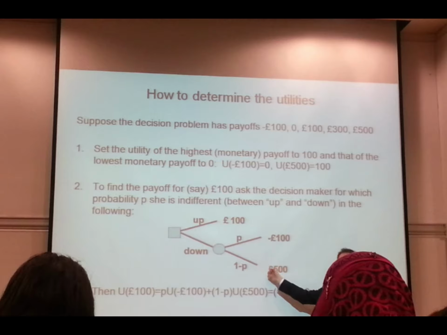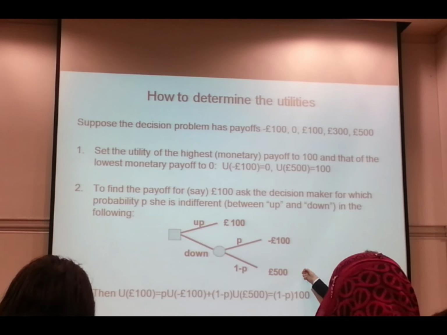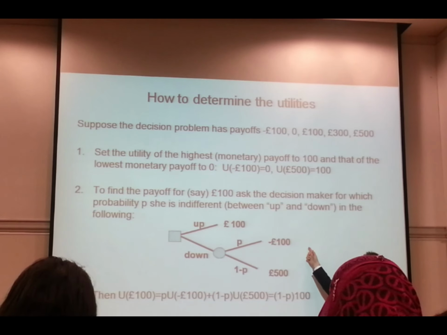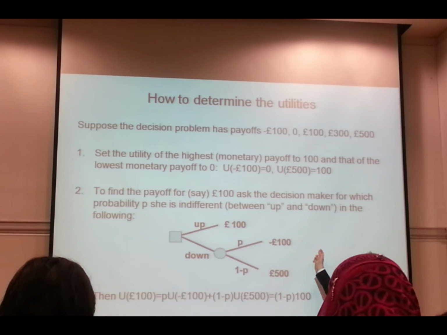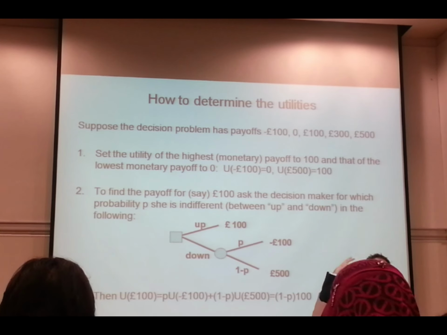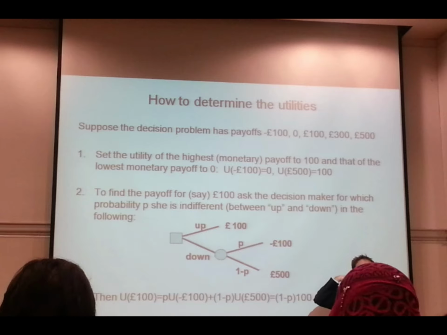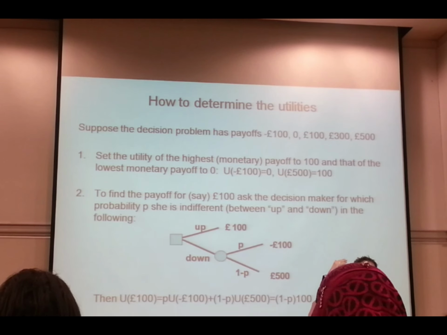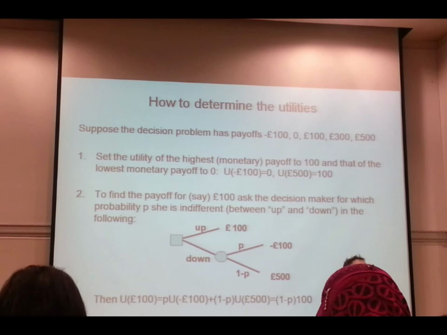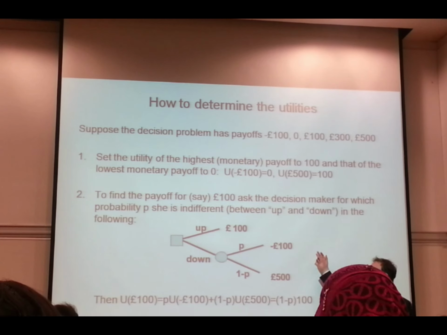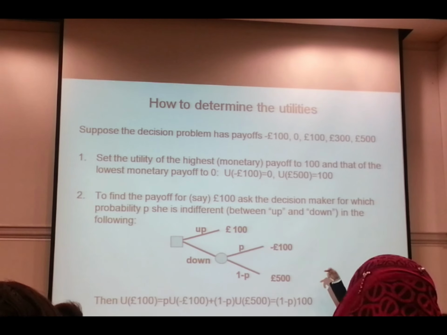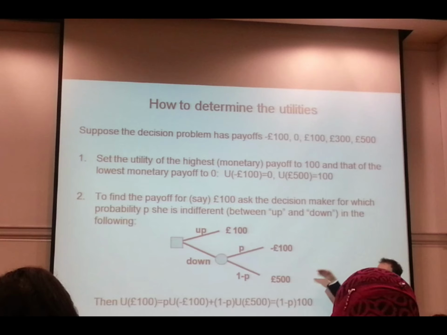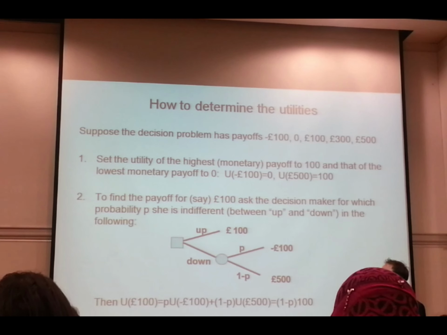For 500 pounds, it's 100. For minus 100, it's 0. What we know is that the utility for 100 pounds is somewhere between 0 and 100. So it can't be worse than losing 100, but it can't be better than winning 500. So it has to be somewhere in between.